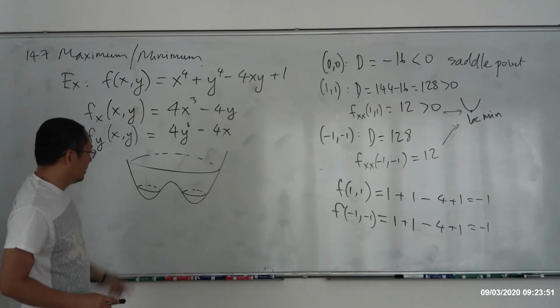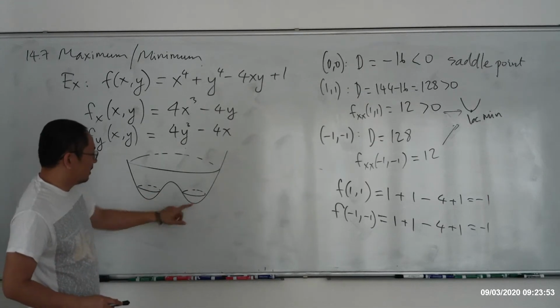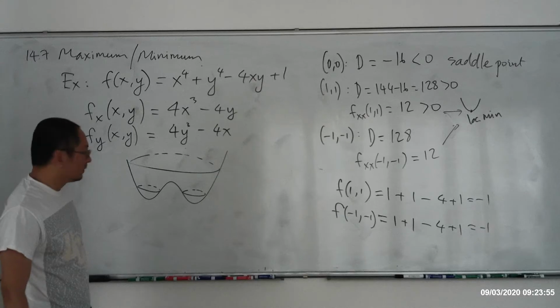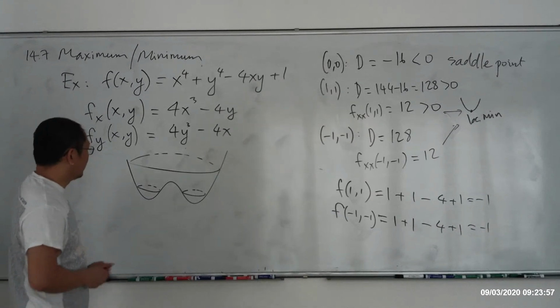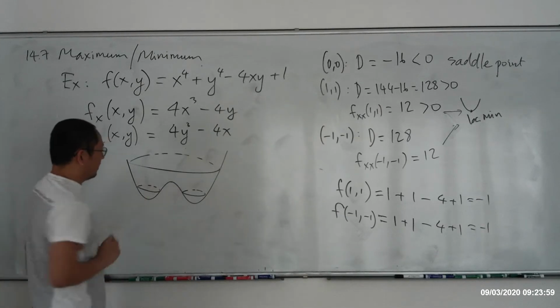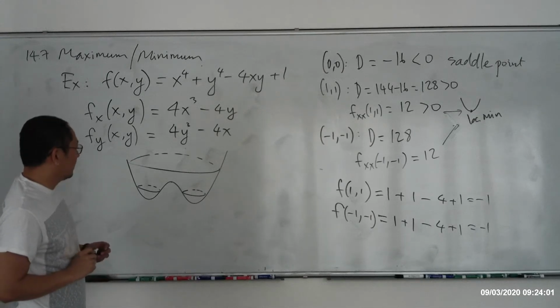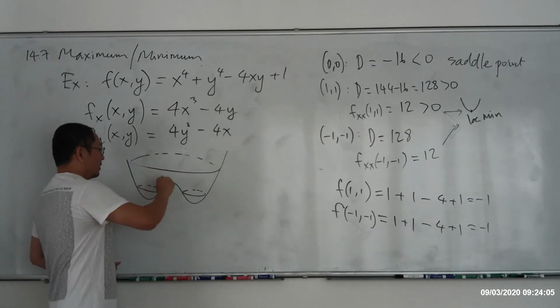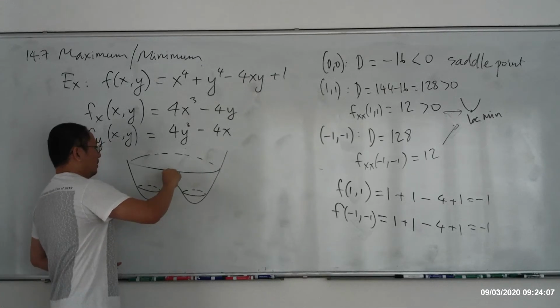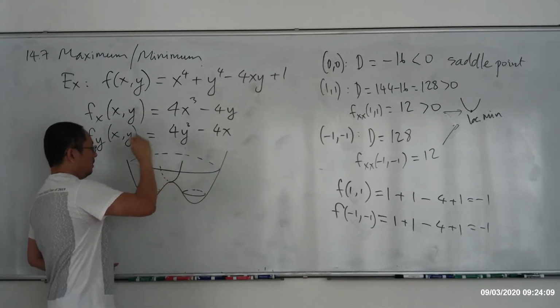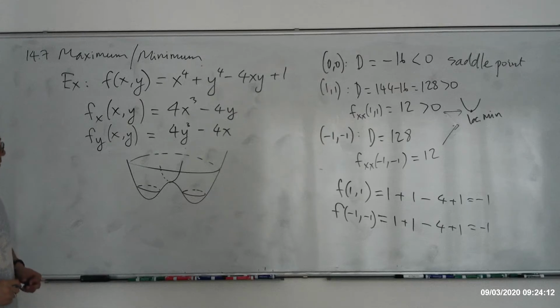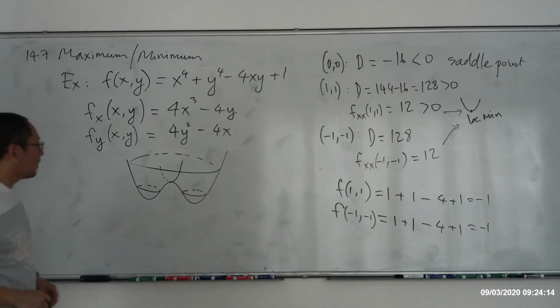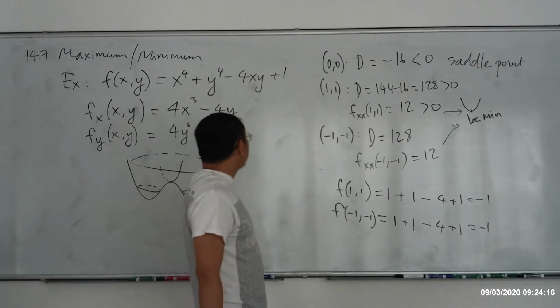It looks like this, and this is a local minimum. This is another local minimum. And this is the saddle point that we're talking about. It's not the max because around this point, there are some points that are going to be higher. And this is the first example.